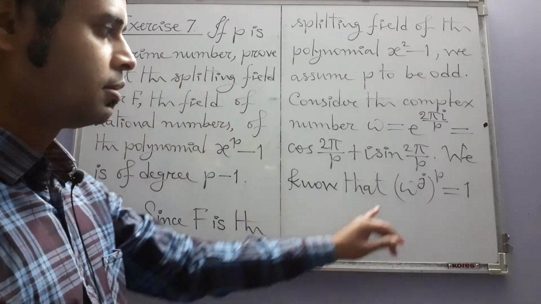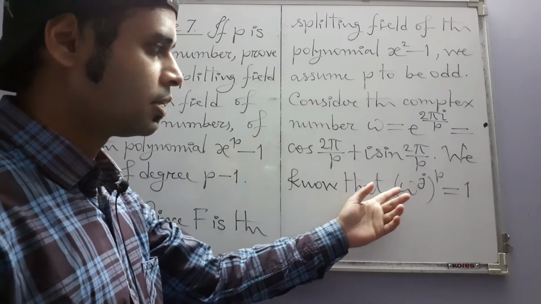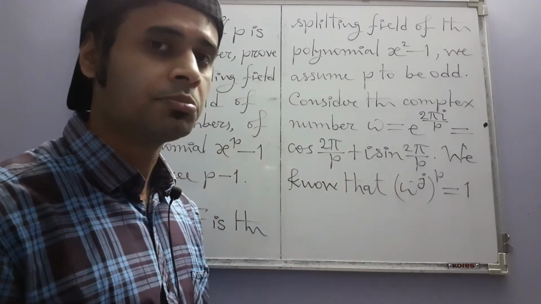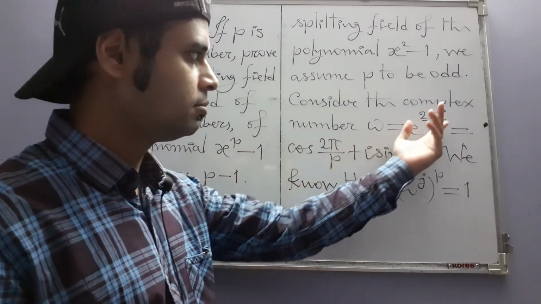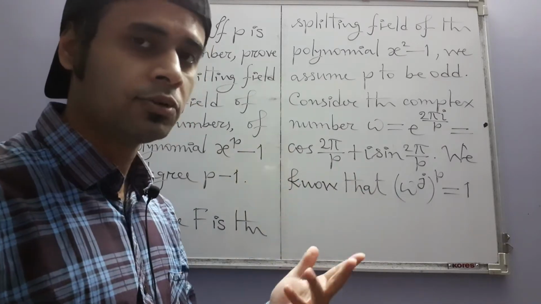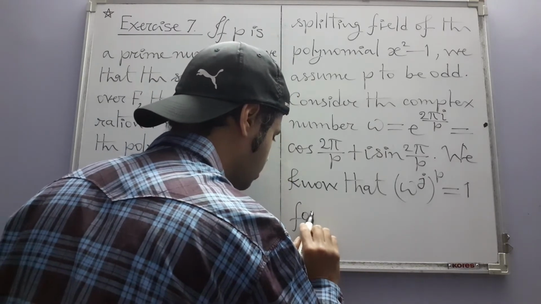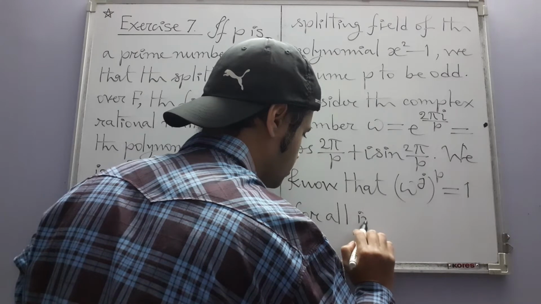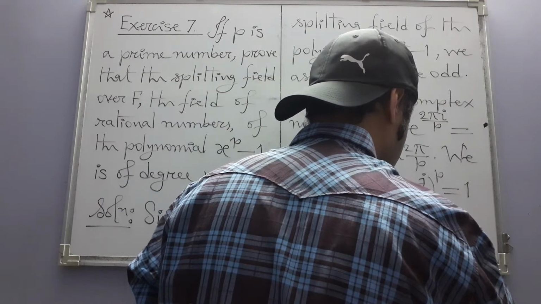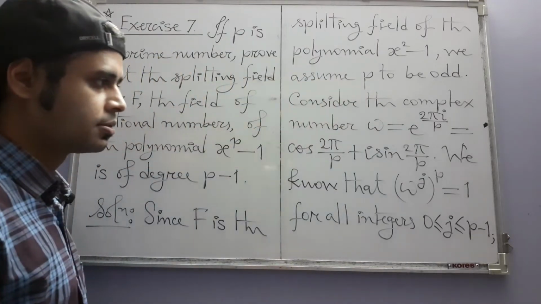Why? Because the pth power of omega to the power j is also the jth power of omega to the power p, and omega to the power p you can clearly see, using de Moivre's theorem or just properties of the complex exponential, is 1. So this is 1 for all integers j satisfying these inequalities, right?